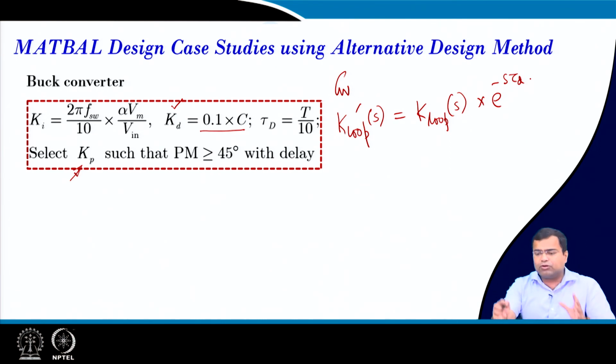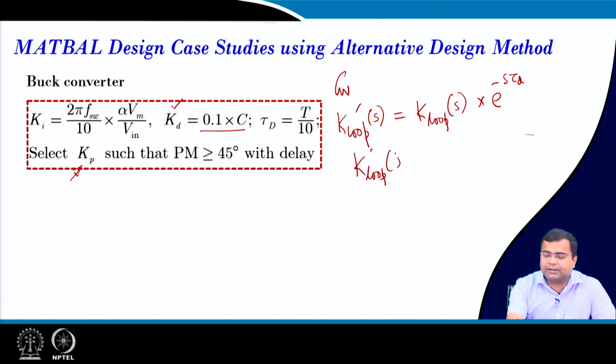So to include this delay, we have to set Kp in such a way that if you take the loop at j omega, the phase margin should be greater than 45 degree.